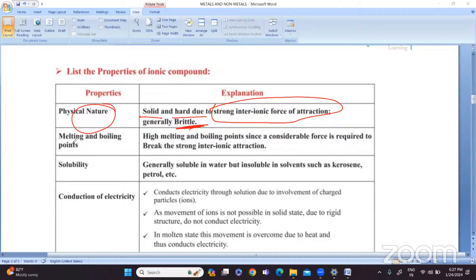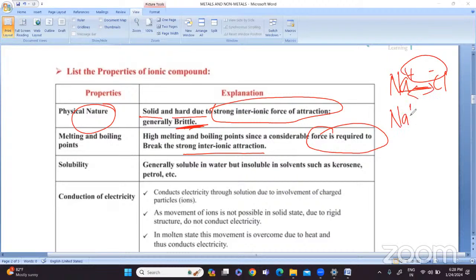Now what about the melting and boiling point? They have high melting and boiling points. Why? Because considerable force is required to break the strong interionic forces of attraction. One is Na plus, another is Cl minus, so there is a strong force between these ions.